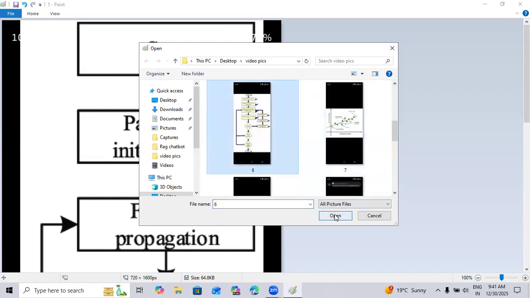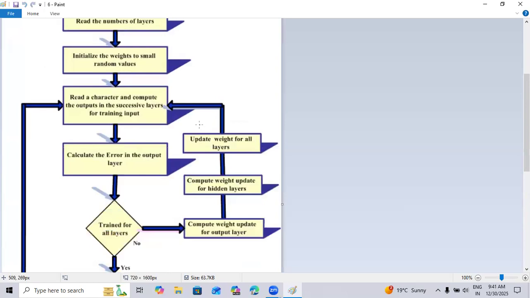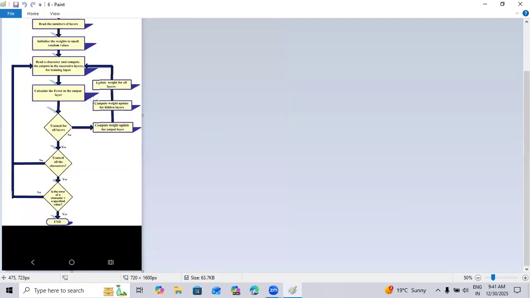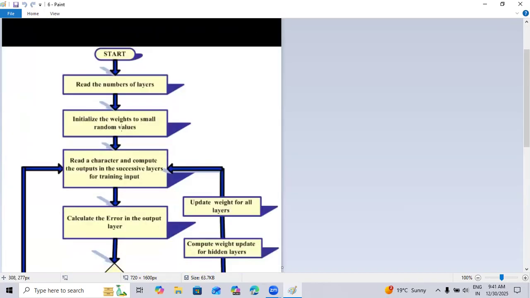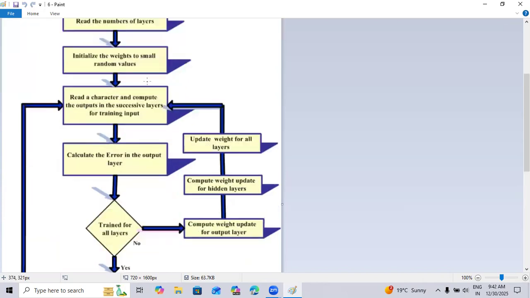Here we start, read the number of layers, including the hidden layer, and initialize the weights to small random values, representing the importance of relations between the input nodes, the hidden layer nodes, and the output node. So we give random values.